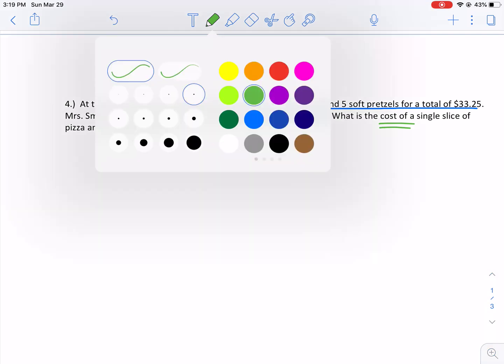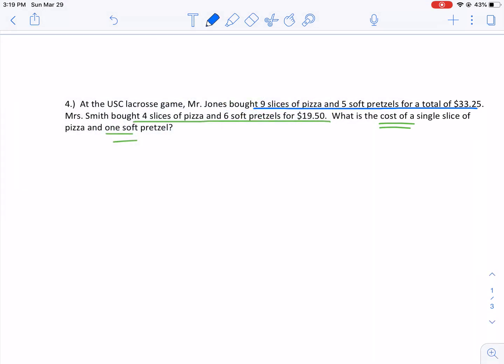Well, I underline these in different colors because we are going to make a system, the blue being Mr. Jones' information and the green being Mrs. Smith's information. So if I take a look, Mr. Jones bought 9 slices of pizza and 5 soft pretzels, and he had a total of $33.25.